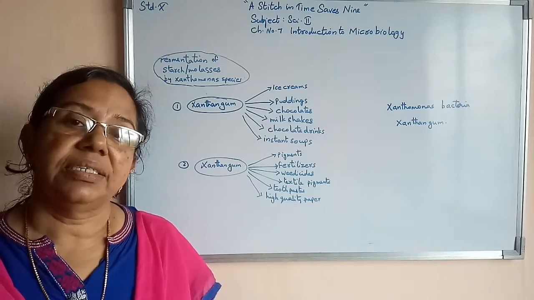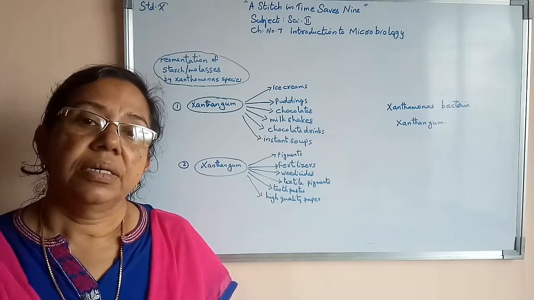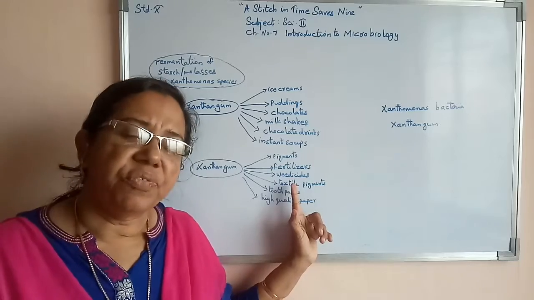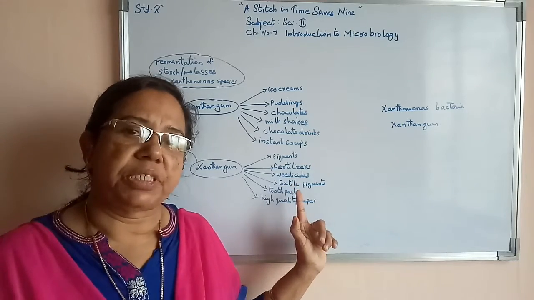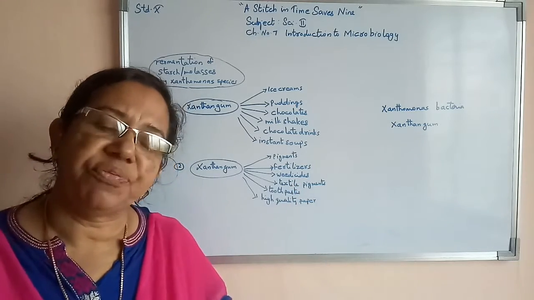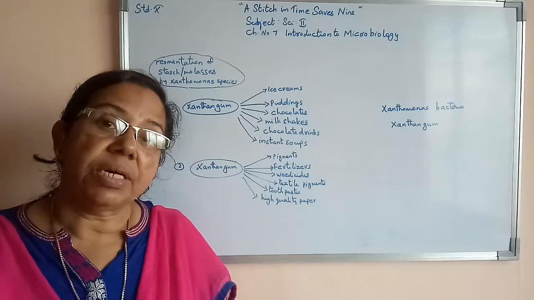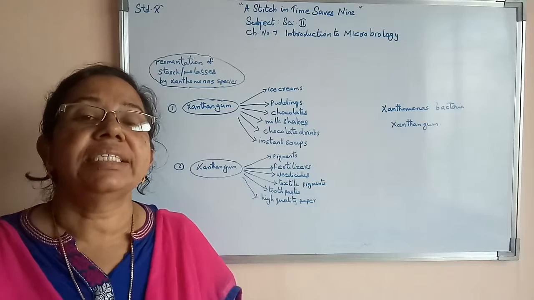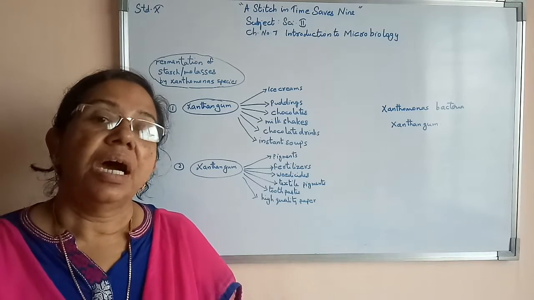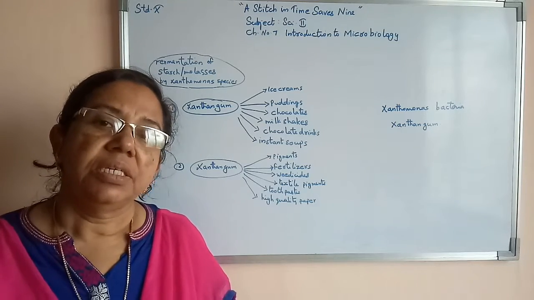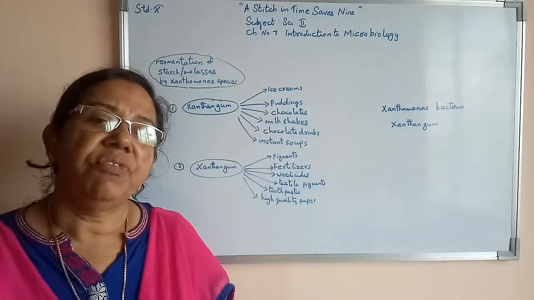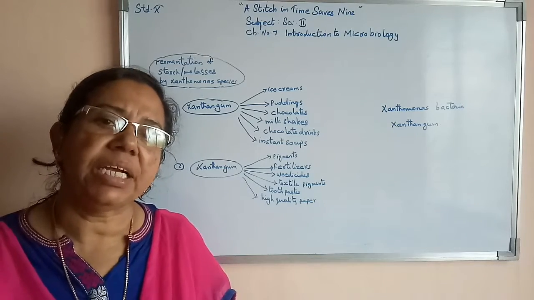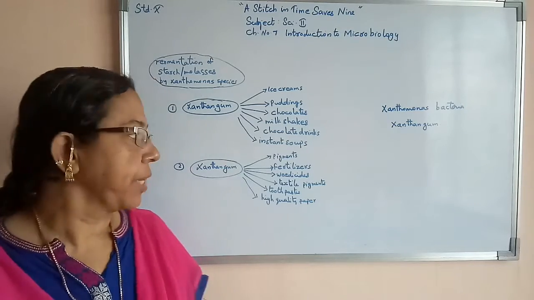Weedicide means in the crop field, crops are growing, and along with the crops, grasses will be there. Those grasses harm the crop plants. So for killing the grasses, we are spraying weedicides.